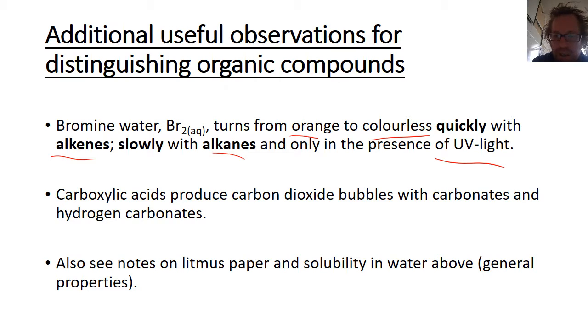Carboxylic acids produce carbon dioxide with carbonates or hydrogen carbonates, as well as turning blue litmus red. And you could also look at whether they are dissolved in water or not. Alcohols, carboxylic acids, amines will for small chains, whereas the alkanes, haloalkanes, alkenes and alkynes will not.